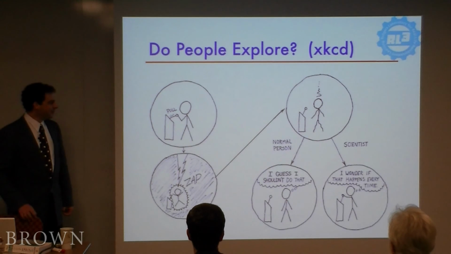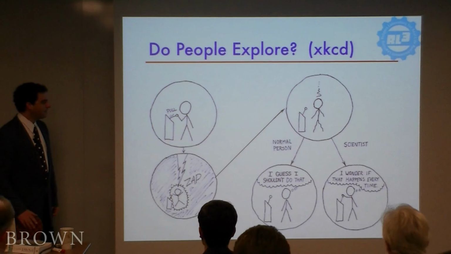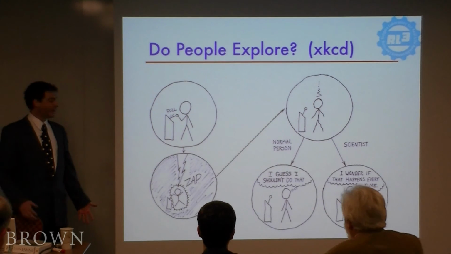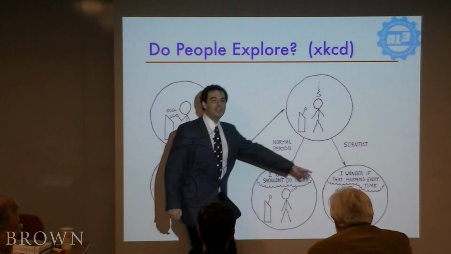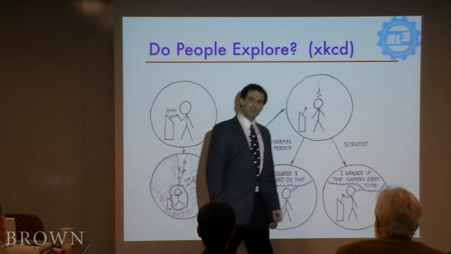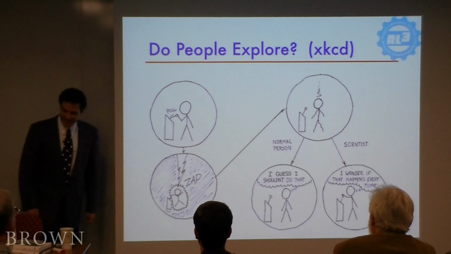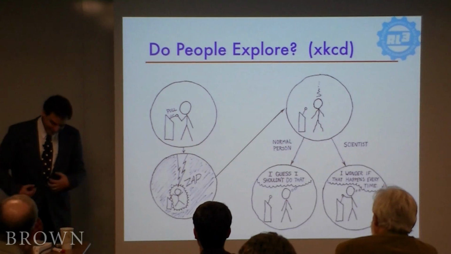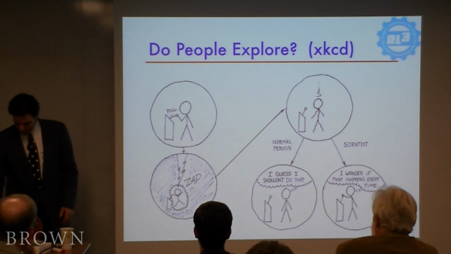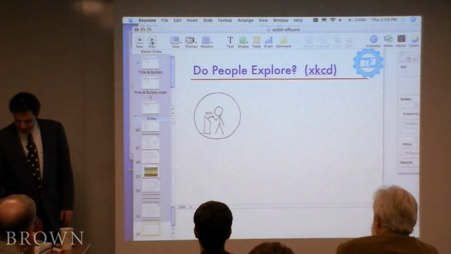Scientists, on the other hand, are like, I wonder if that happens every time. So our algorithms are definitely in this class. They really want to know if that happened every time. But the Bayesian algorithms are maybe a little bit more on this side. But that's the way I think I am as a person, and that seems to be how my algorithms are turning out as well. So that was my pitch.